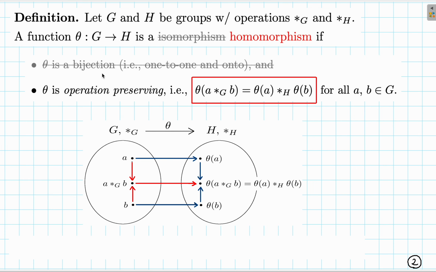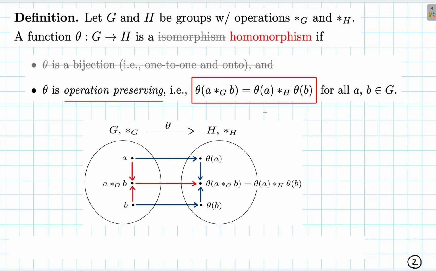The bijection part is no longer needed. So the only requirement is that theta is operation preserving, satisfying this condition. Theta of a times b is equal to theta of a times theta of b for all a and b in G.